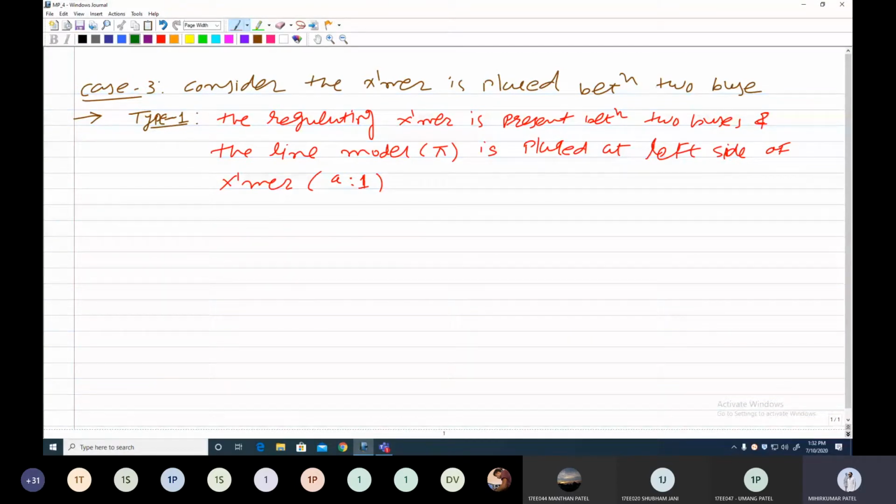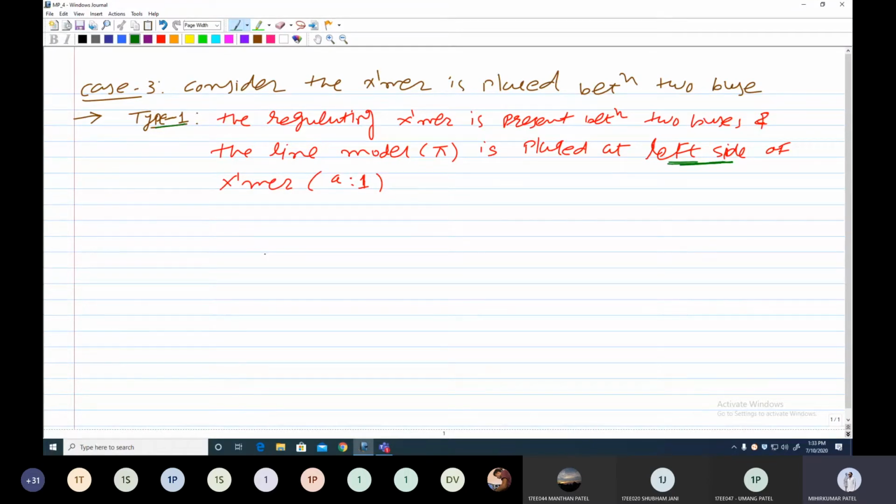Here the important part is that the pi model is placed at the left side of the transformer. So this is case 3 where we consider a transformer placed between two buses, and we have considered type 1, where the pi model, or transmission line model, is considered at the left side of the transformer.